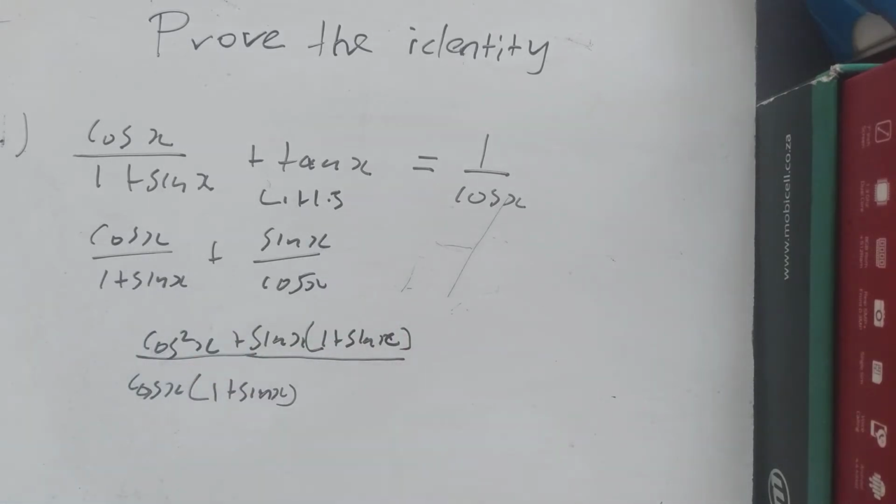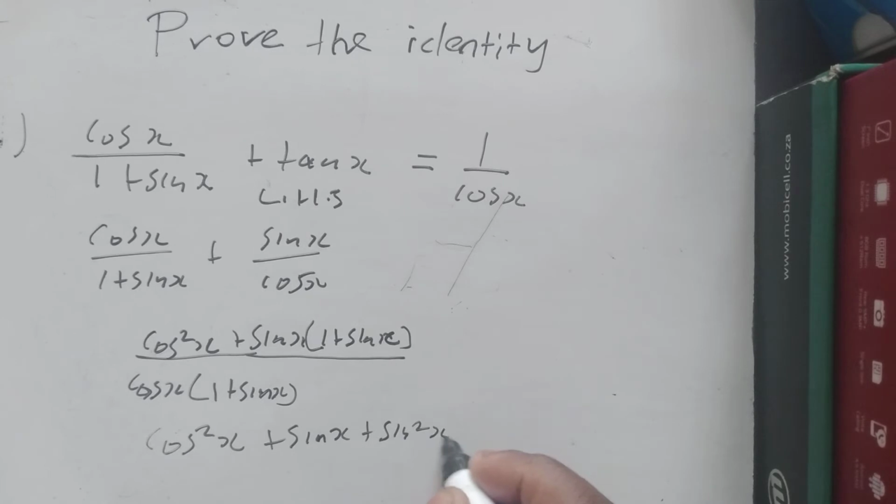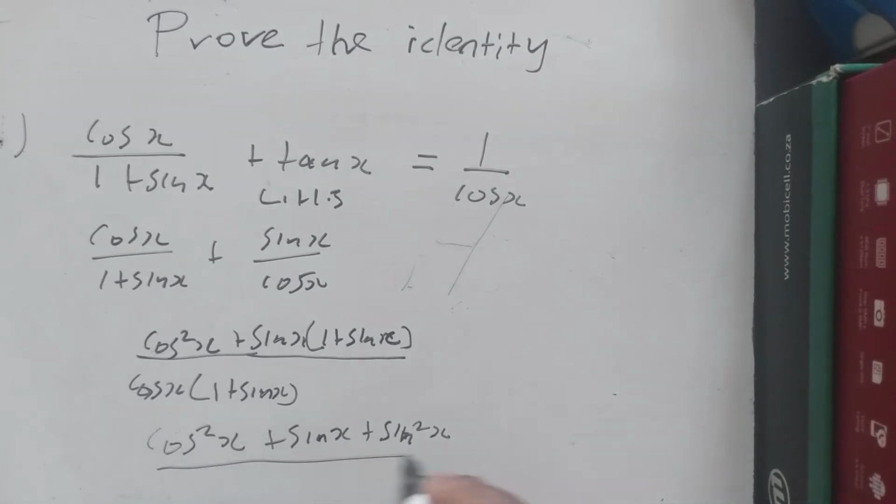All right. So yeah, cos squared x, and we had this stuff. Okay, cool, no problem. So now what we're going to do is distribute, so this becomes sine x plus sine squared x all over cos x times 1 plus sine x. So now this gives you 1, sine plus cos, right? This 2 gives you 1.